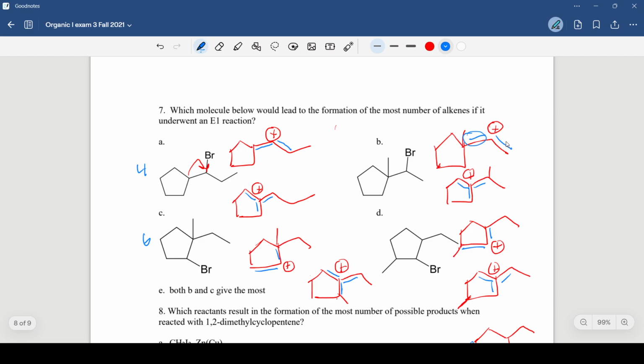So 1, 2. 1, 2, 3, 4, 5. This one can go up. So 1, 2, 3, 4, 5, 6.